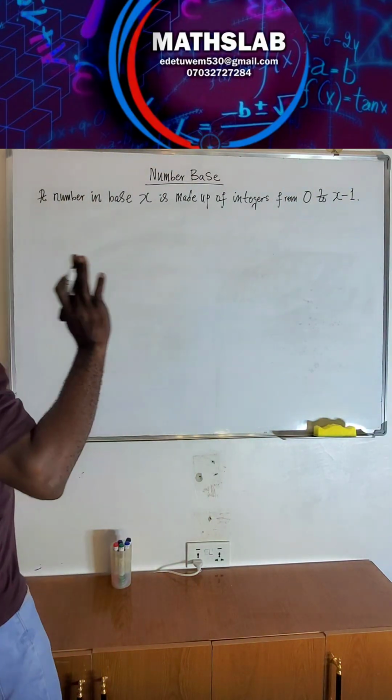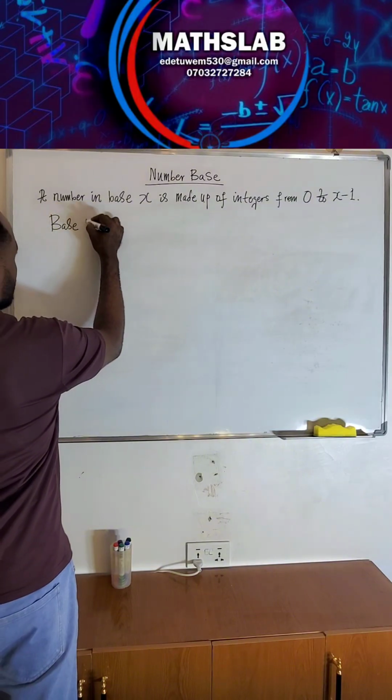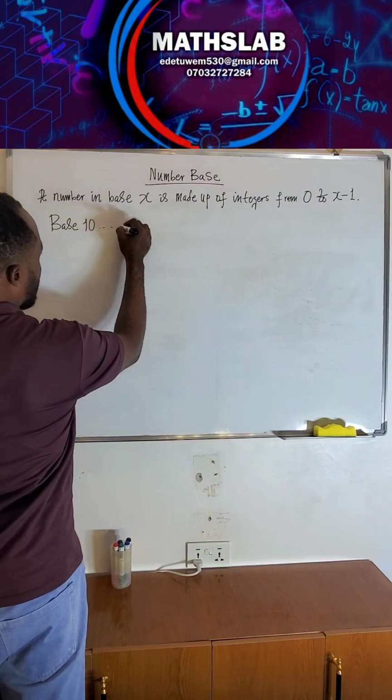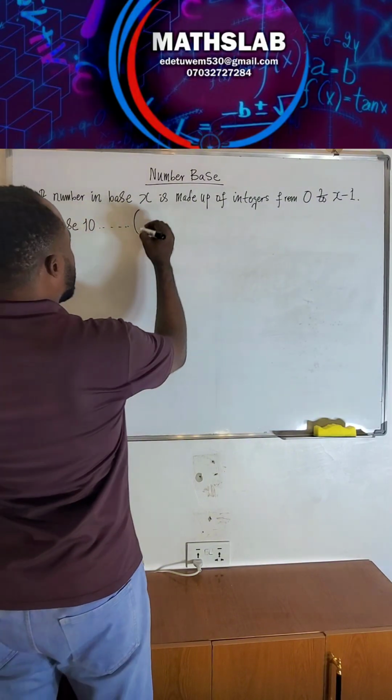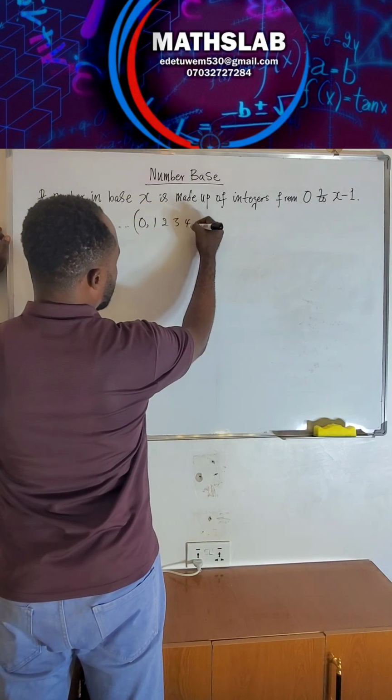For instance, if you are dealing with base 10, then you can only have numbers that range from 0 to 9.